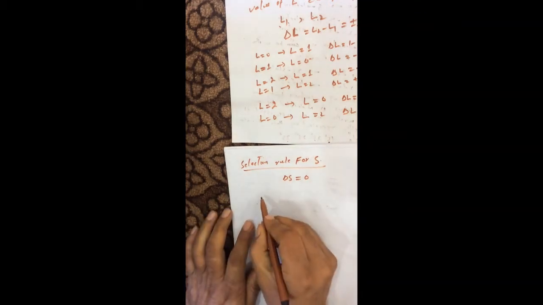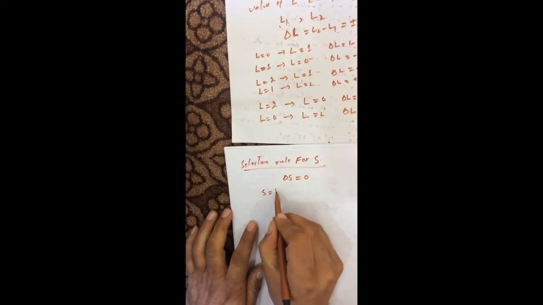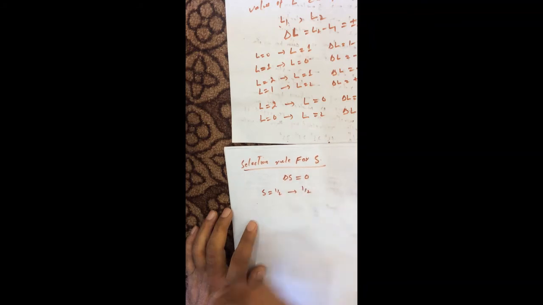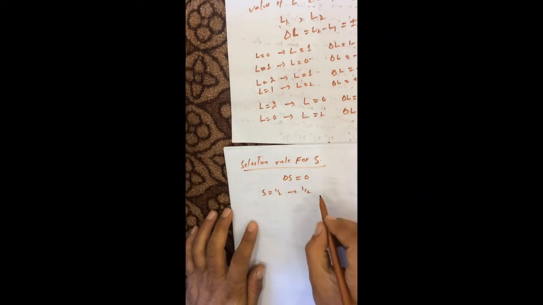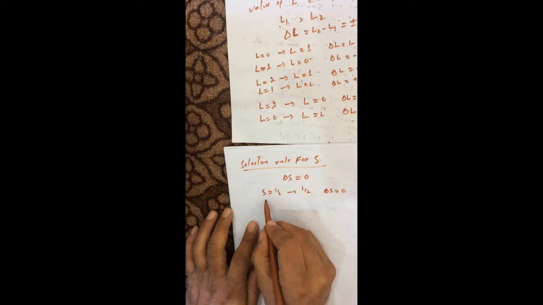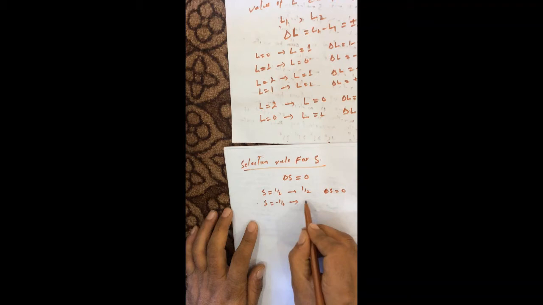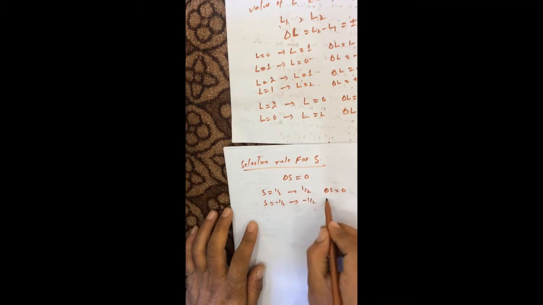The electron can jump from an energy level in which the spin is 1/2 to an energy level in which the spin is 1/2, because delta S is 0 here. It can jump from spin -1/2 to spin -1/2, because delta S is 0.